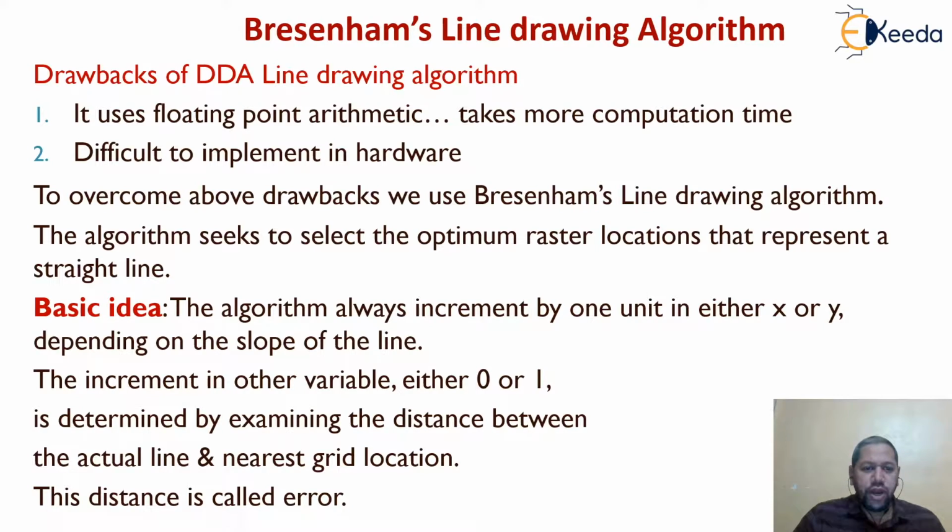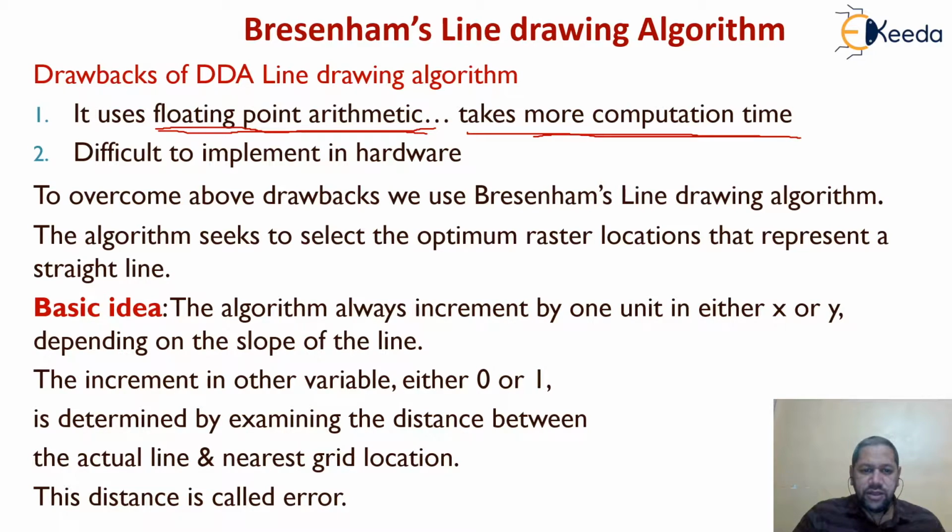As we have seen, in the DDA algorithm the values of delta x and delta y, as well as whatever we are calculating, all use floating point values or floating point arithmetic. This floating point arithmetic takes more computation time.